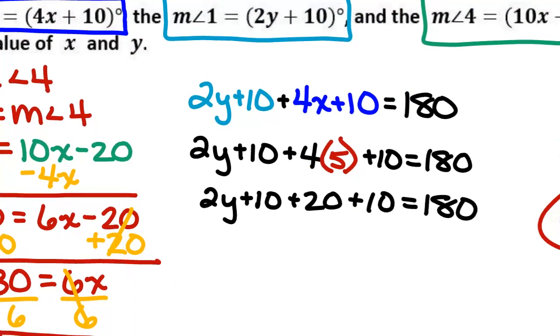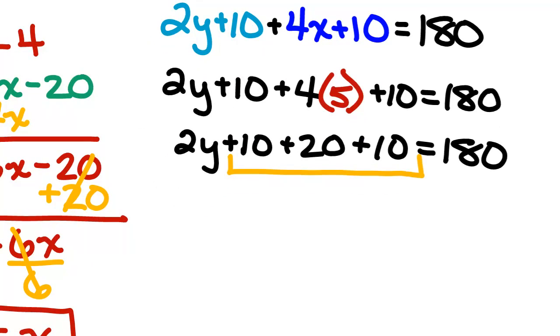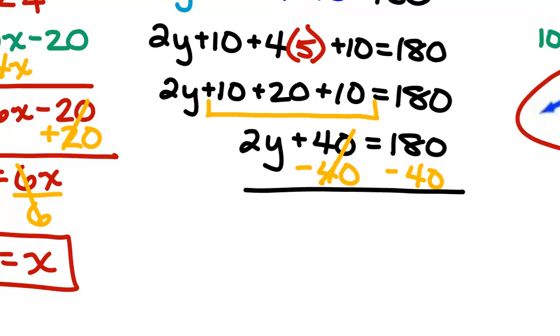We're going to combine all of our constants together, all of our things that don't have a variable. 10 plus 20 plus 10 gives us 40. So 2y plus 40 equals 180. Then we're going to subtract 40 from both sides. What is 180 minus 40? 140.